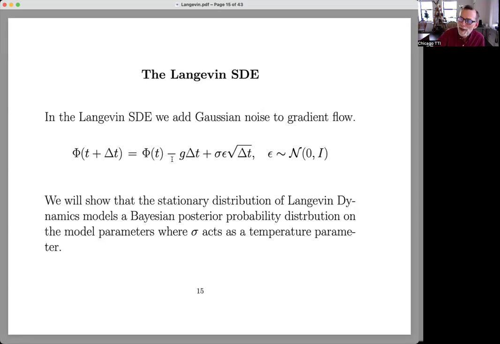I'm assuming the learning rate is small enough that we don't have to worry about the difference between G and G hat. This is just going to be G, right? So I'm adding Gaussian noise to gradient flow, assuming that the gradient estimates are exactly correct.